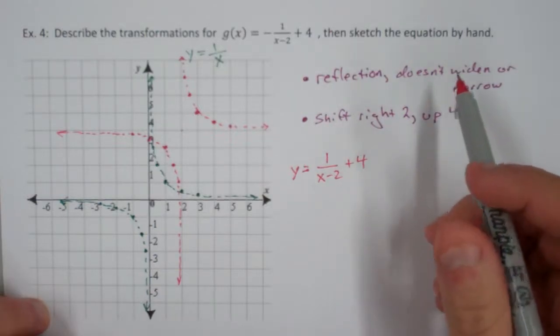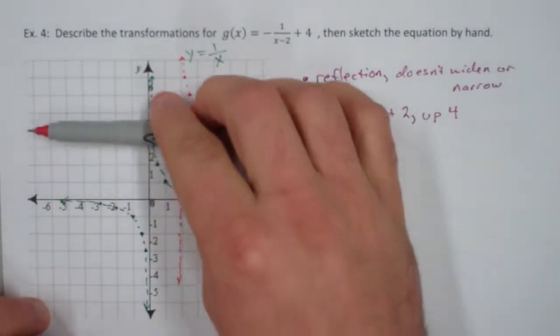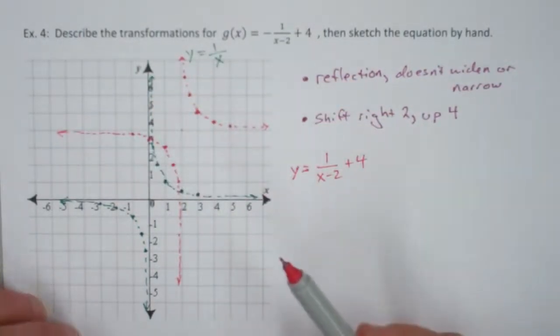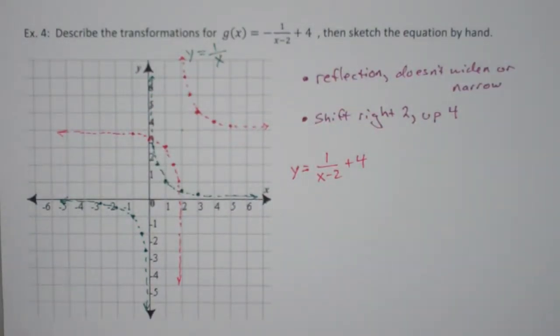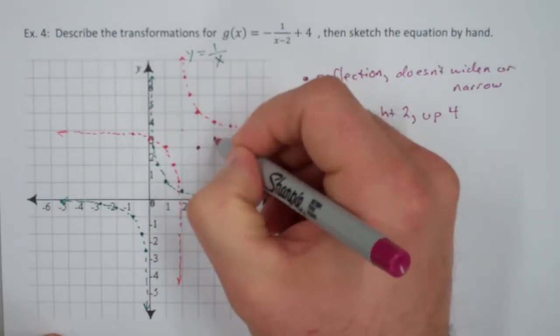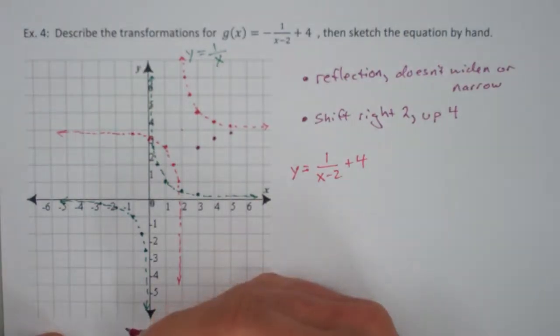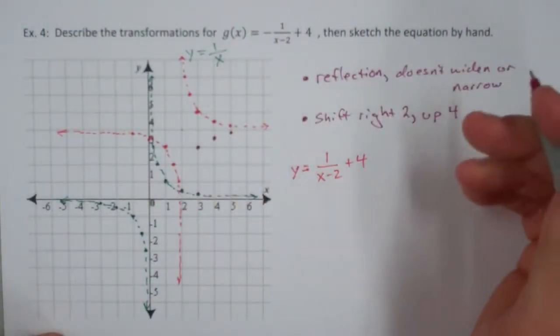This one's a little harder because we're not really over the x-axis anymore. But what we want to do is reflect it over that new line, y is equal to 4. So we can just take all these points and flip them to the other side of the asymptote. You could have done that originally, maybe that would have been better, and then shifted everything after that, that's fine.